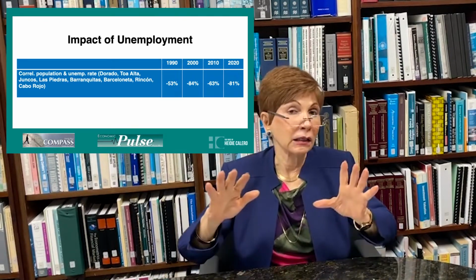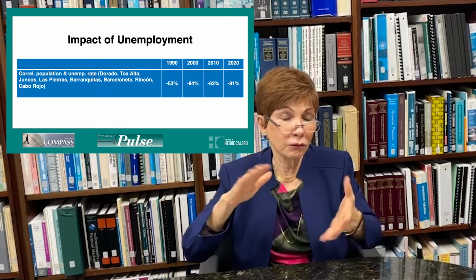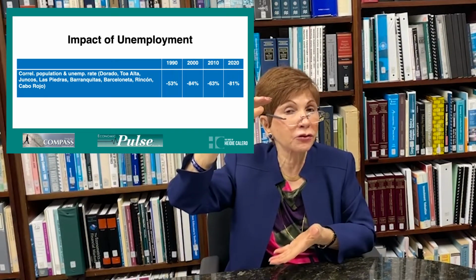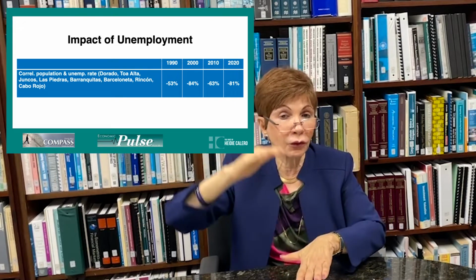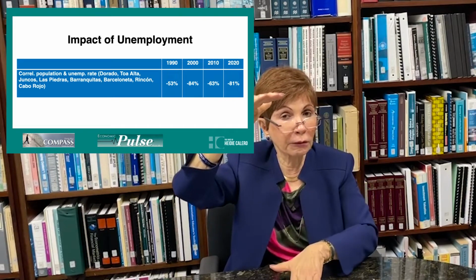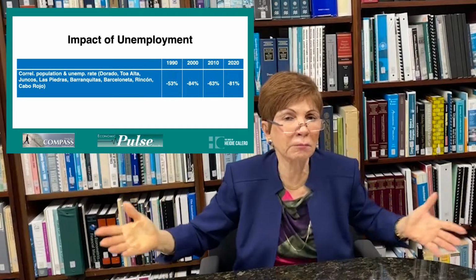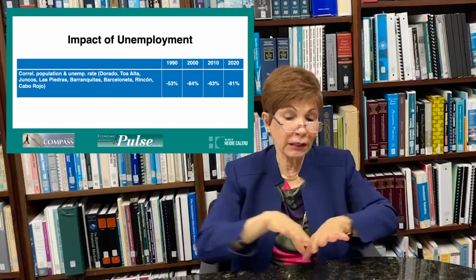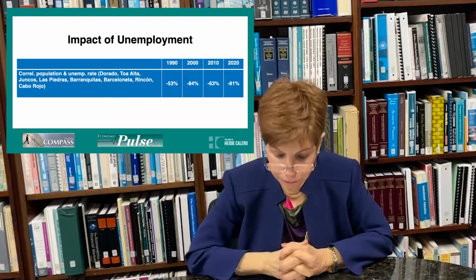They are negative. So if the unemployment rate rises, what happens to the population? It goes down. So higher unemployment, lower population. Why? Because people will migrate to better job opportunities, either within another county or outside Puerto Rico.